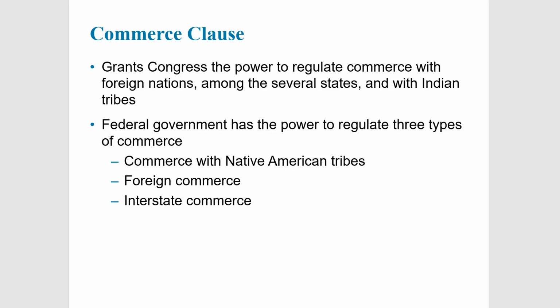This gives the federal government the power to regulate interstate commerce, meaning any commerce that takes place across state lines or that affects people from other states, which gets interpreted pretty broadly to allow Congress to regulate just about any kind of business. The federal government has the power to regulate 3 types of commerce, listed just ahead of time, but most relevant to business law, Business 115, is that interstate commerce.